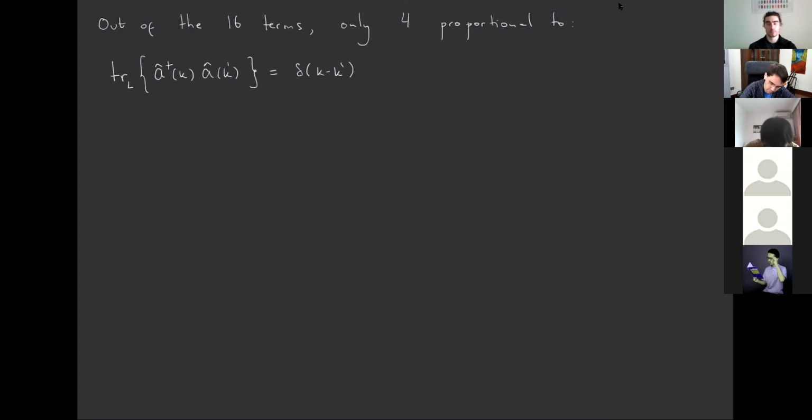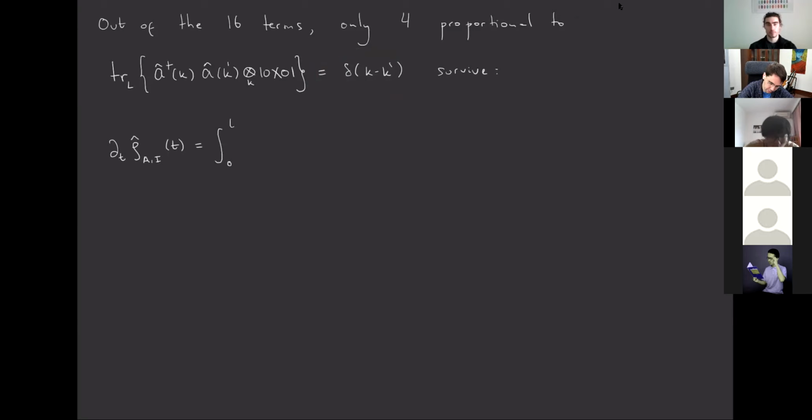Oops, I forgot to add the expectation value in the vacuum state. So we have only 4 that are proportional to this one that survive. And in particular, this allows you to write the master equation in a very simple and compact form, which looks like this.